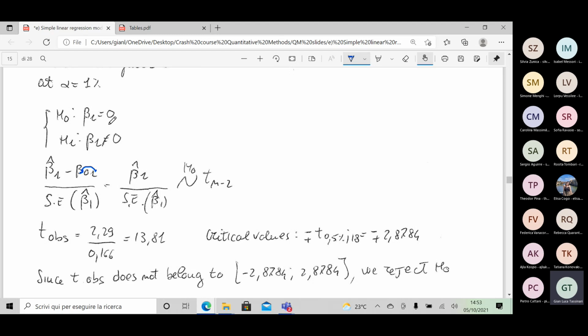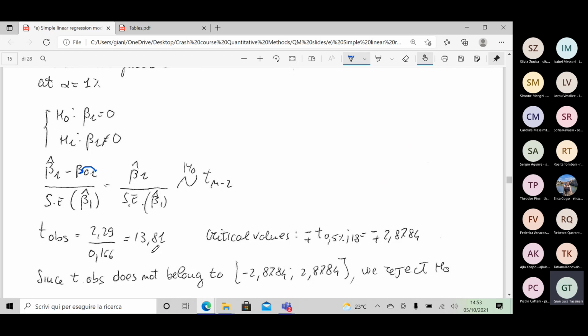We assume that it is 0 under the null, so substitute 0 here, and therefore our test statistic follows, under the null assumption, a Student's t with 20-2, that is 18, degrees of freedom. Again, you have to compute the observed value of the test statistic, and compare it with the two critical values. We have already computed beta 1 hat and the standard error of beta 1 hat, so we simply have to insert the previous data, and we get this number.